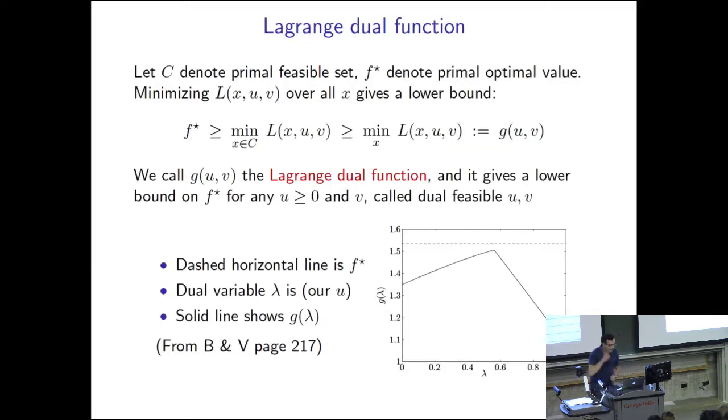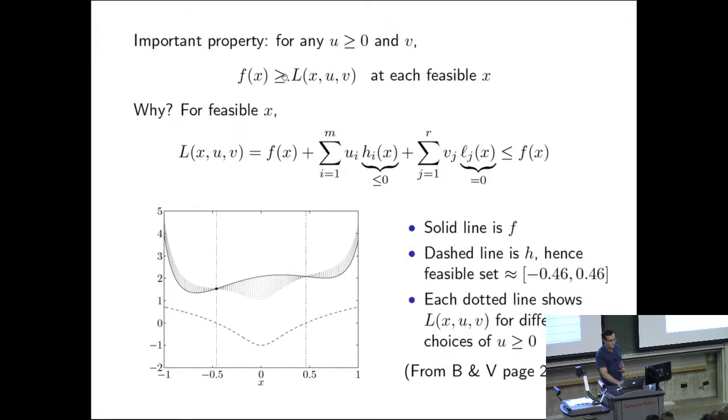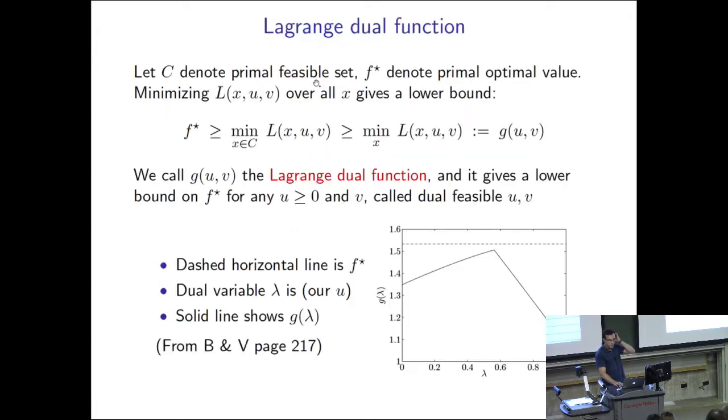The next thing that we're going to talk about is the Lagrange dual function. Let's suppose that C is the primal feasible set, which we're using for the argument with LPs as well. And let f star denote the primal optimal value. Then taking this inequality and minimizing over x in C gives us the following property.